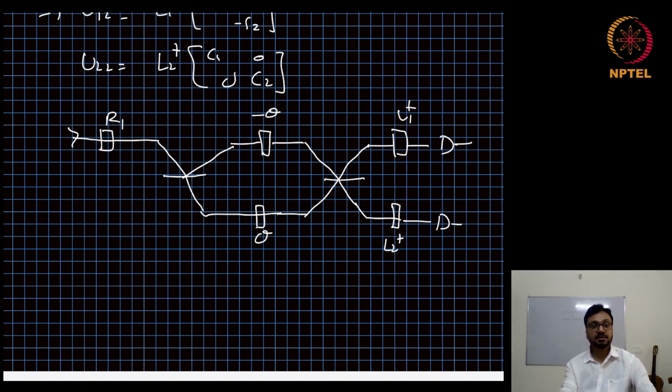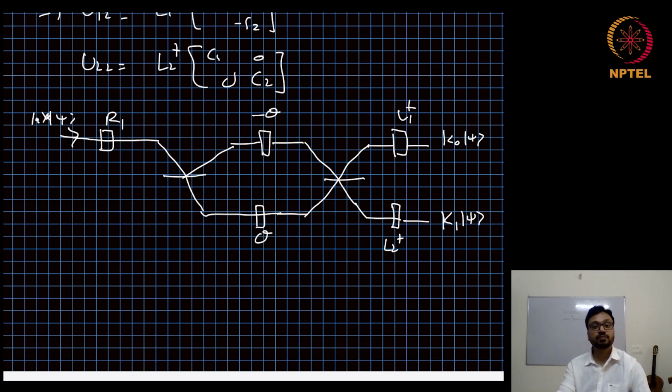So we send the photon in this path, we perform the unitary U, which contains the information about K0 and K1, and after passing through all these things, the polarization state here will be proportional to K0 psi, with psi being the state coming in, and this will be K1 psi.